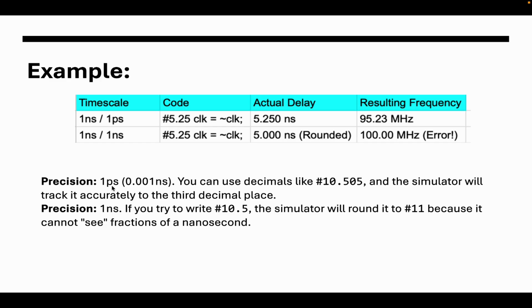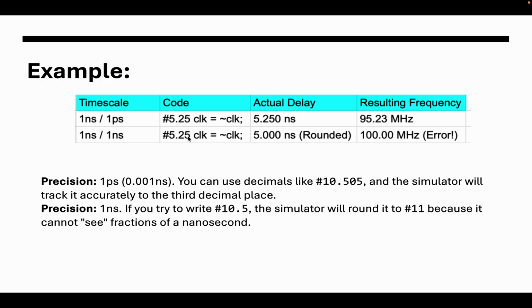We'll see the two cases here. 1 picosecond refers to 0.001 nanoseconds. You can use decimals like hashtag 10.505 and the simulator will track it accurately to the third decimal place. This is very important to remember: it will do it till the third decimal place. With a precision of 1 nanosecond, if you try to write hashtag 10.5, it is rounded.